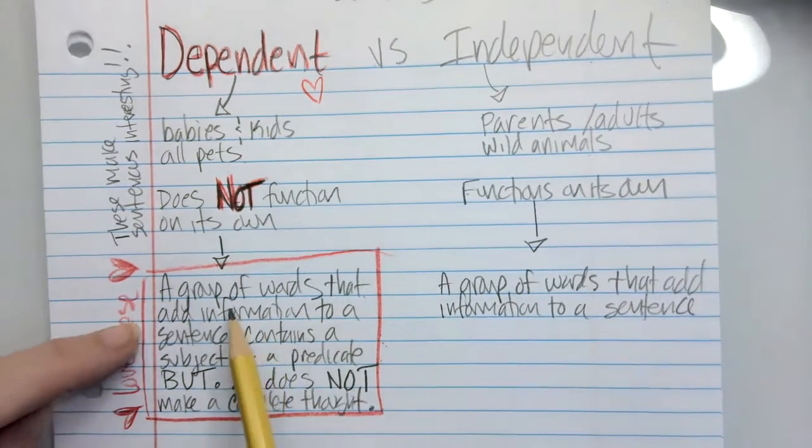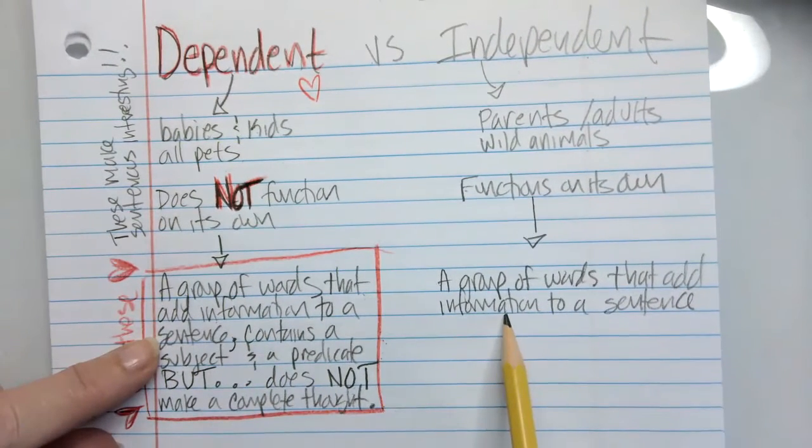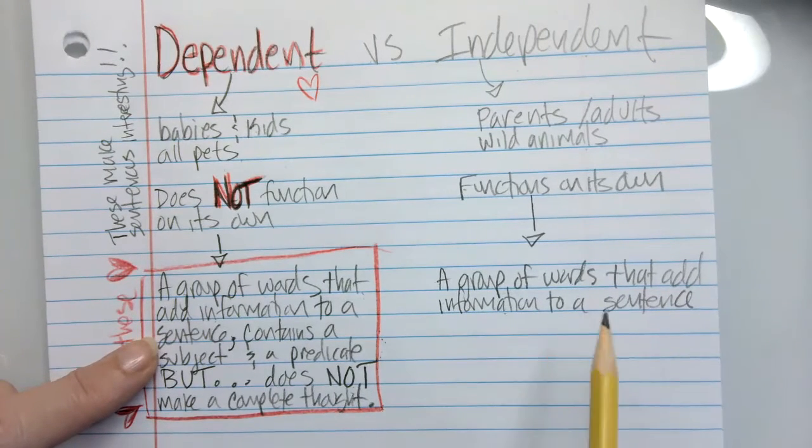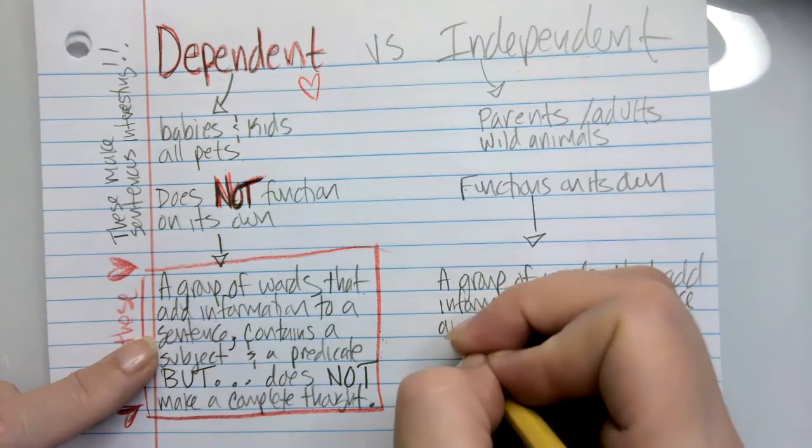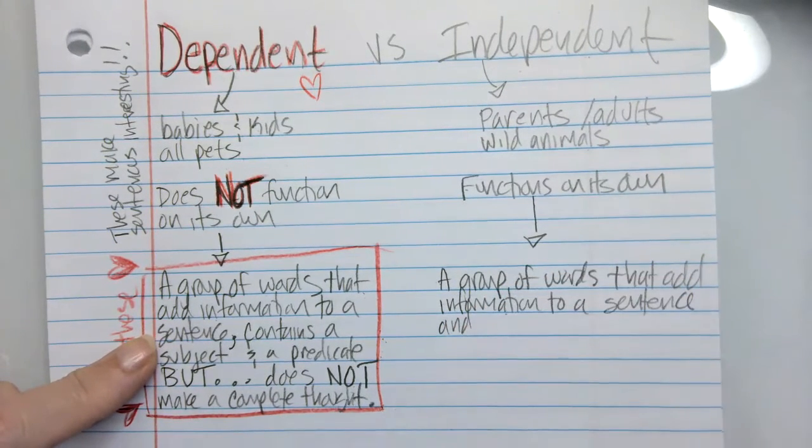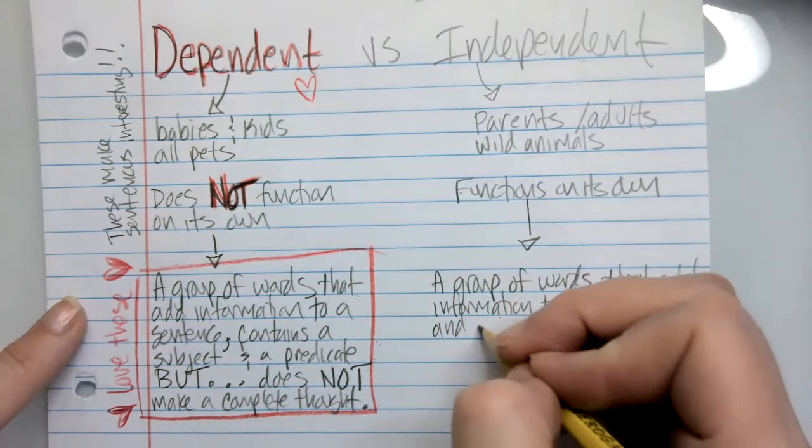Now at this point, so you see that this is exactly the same as over here, right? But here we have where we differ. And it's a complete sentence on its own.